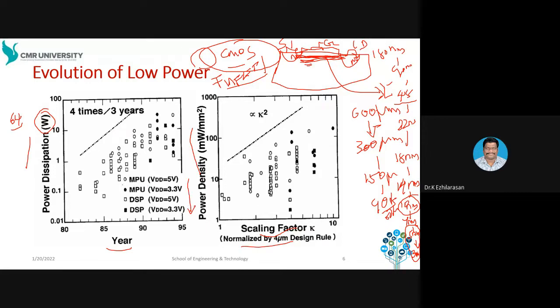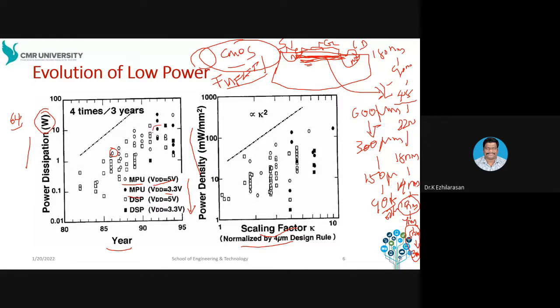Initially, the microprocessor unit's operating voltage VDD was 5 volt. Gradually the microprocessor unit became 3.3 volt. Same with the DSP: 5 volt, then 3.3 volt. You can see here, wherever the small bubbles are, these are the microprocessor units.